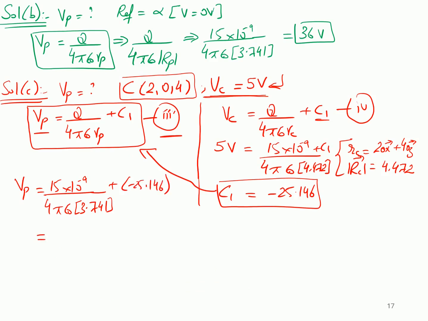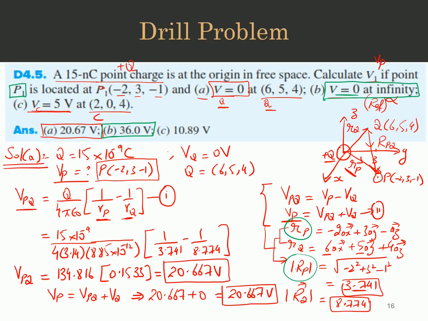So the potential comes out to be Vp equal to 10.89 volts. So this is the answer that we are getting, and let us verify this. So the answer is 10.89 volts.